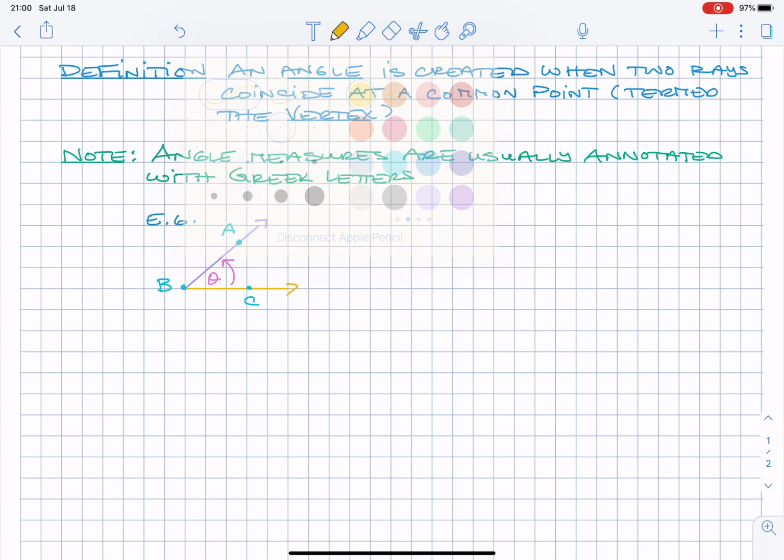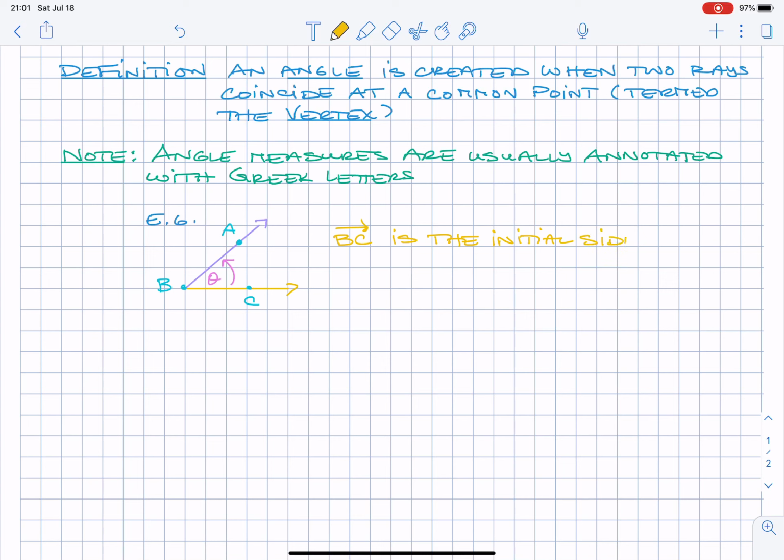The yellow ray, which is BC, the ray to the right through C, is the initial side, because that's where we start to measure our angle.